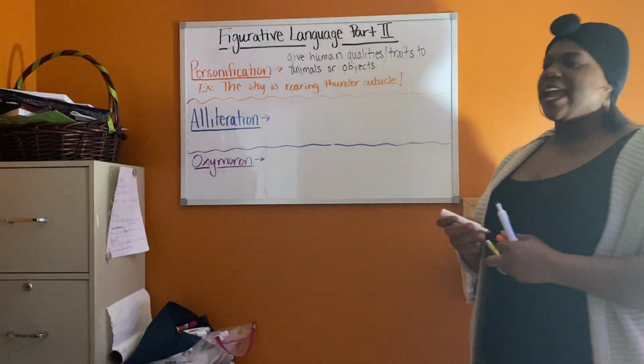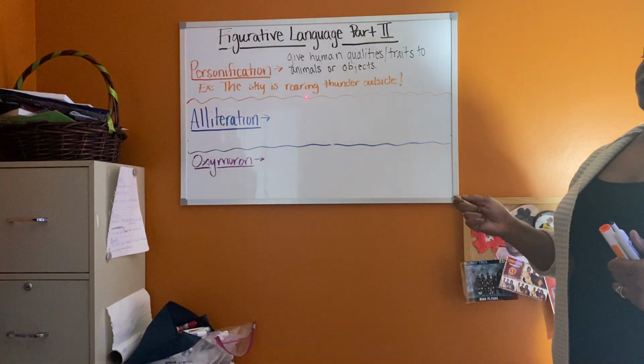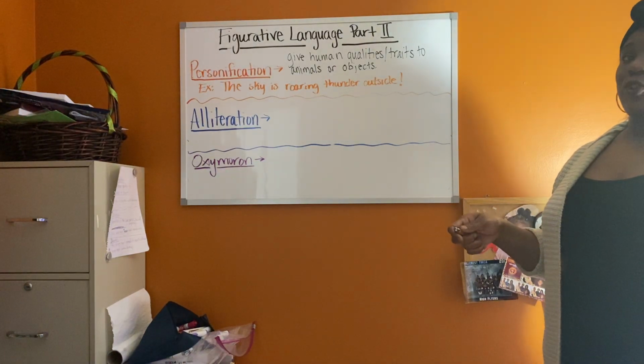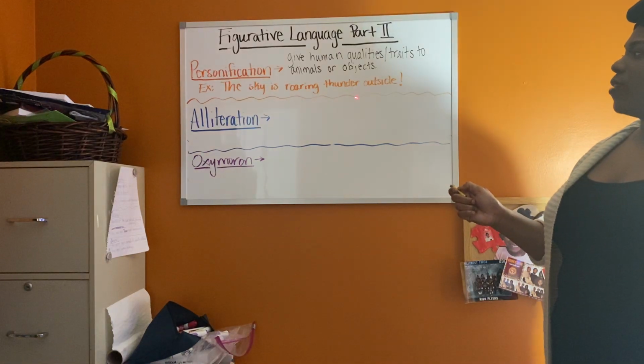All right, the sky is roaring thunder outside. Now, if you remember from last week, that roaring is actually an example of what? If you said onomatopoeia, then you would be correct. So the sky is roaring thunder outside.